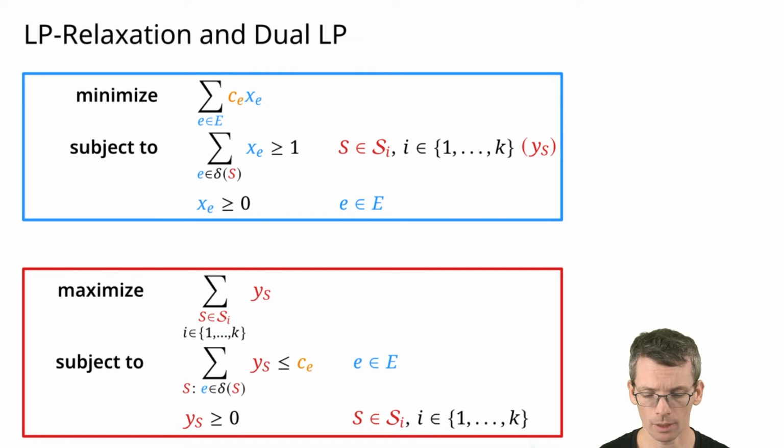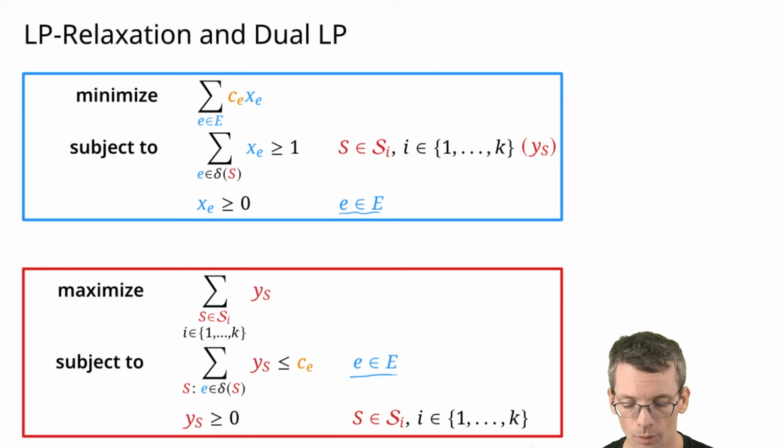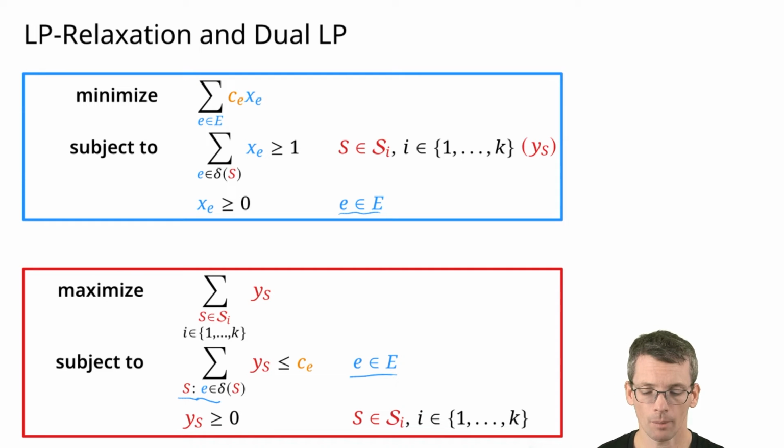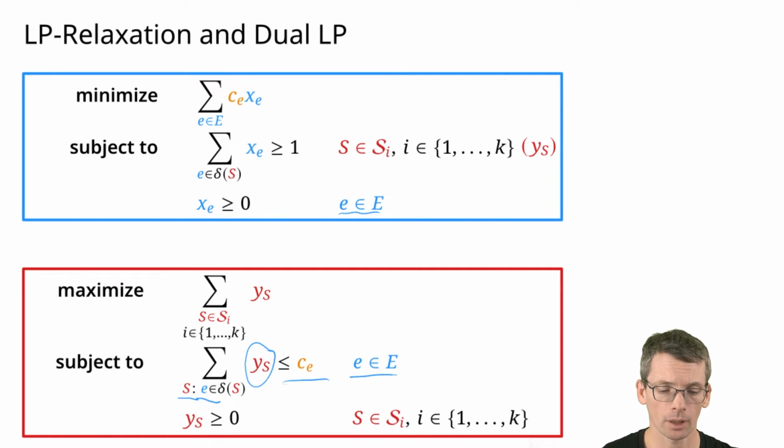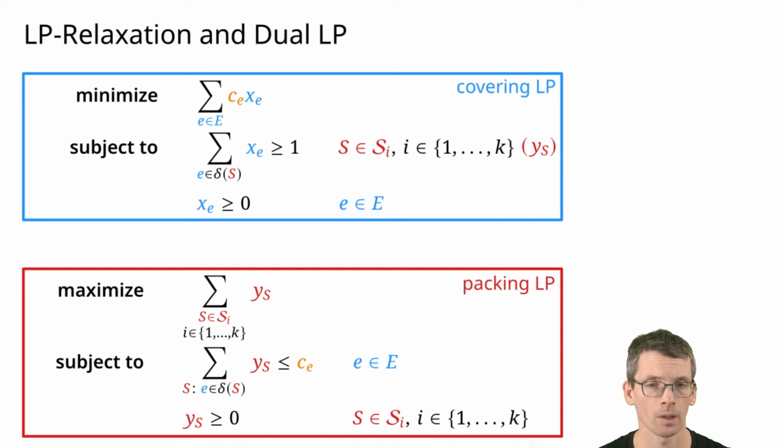So what I get here is simply, for every edge a variable in the primal, now we have for every edge a constraint, and we're looking at the sum of cuts that contain that edge, summing up their y_S, and this should be at most c_e. And if you've seen the video about set cover, you will recognize this as a pair of a covering LP and a packing LP.